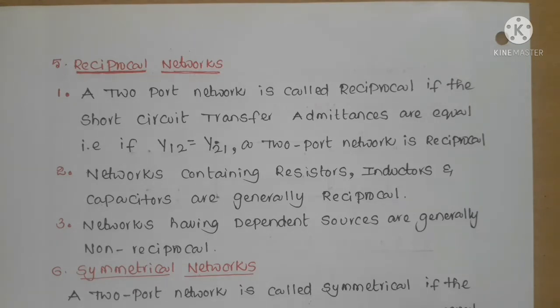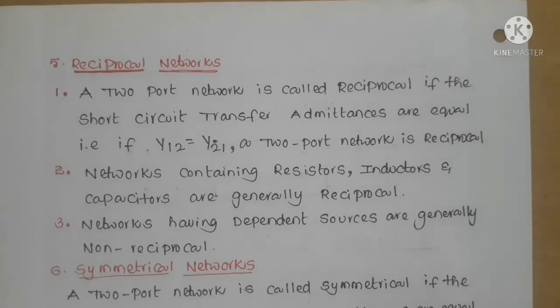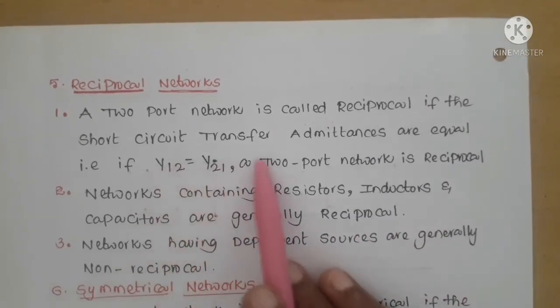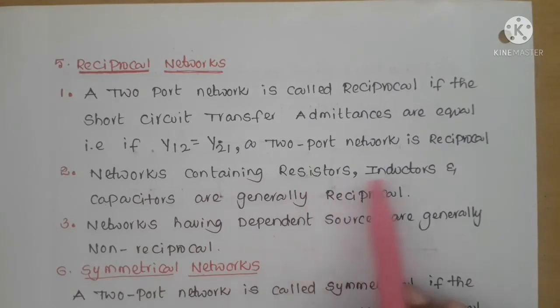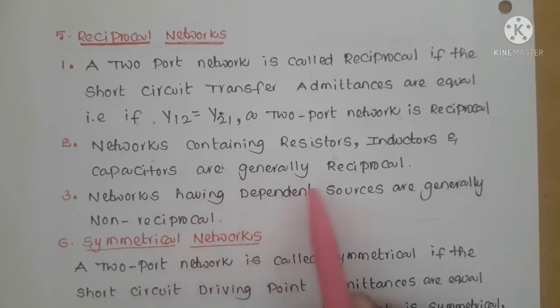If there are any dependent sources in the two-port network, that is a non-reciprocal network. So based on the Y parameters, if Y12 equal to Y21, the given two-port network is reciprocal. Networks containing resistors, inductors and capacitors are generally reciprocal. Networks having dependent sources are generally non-reciprocal.